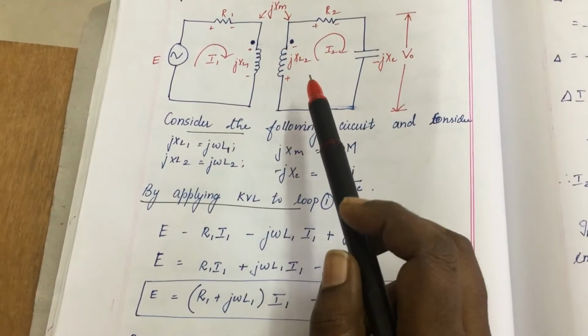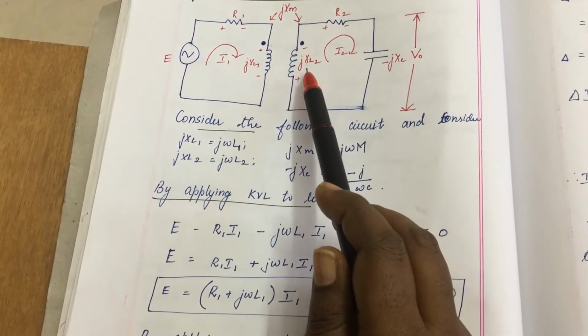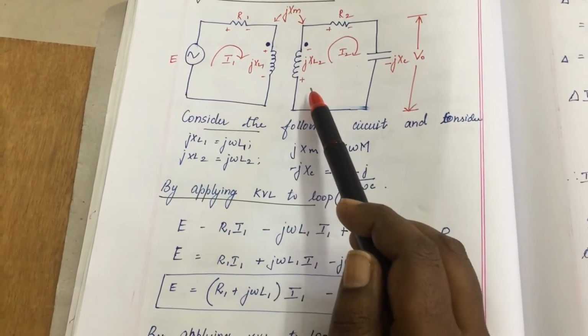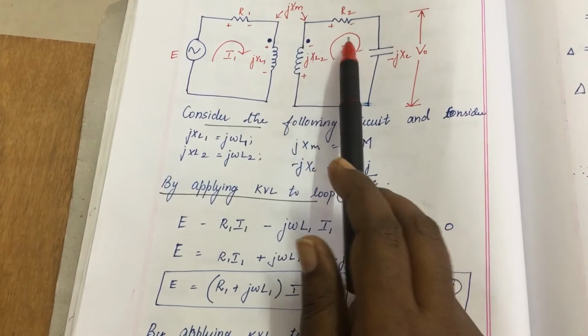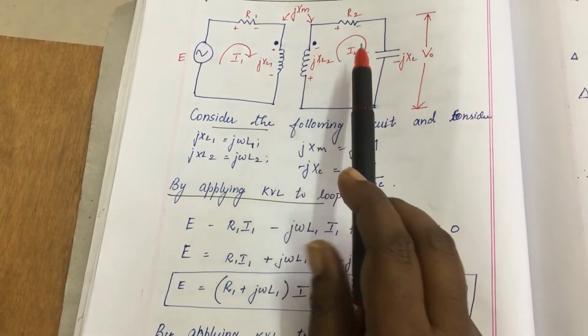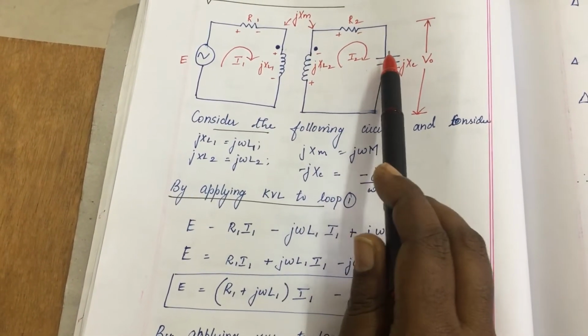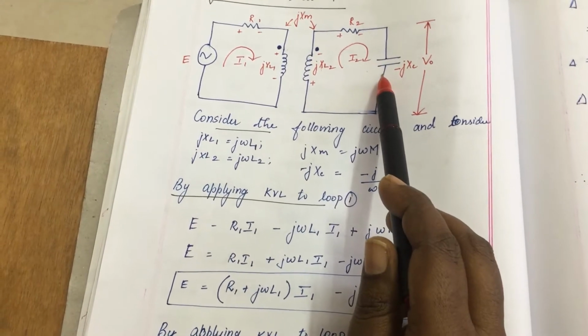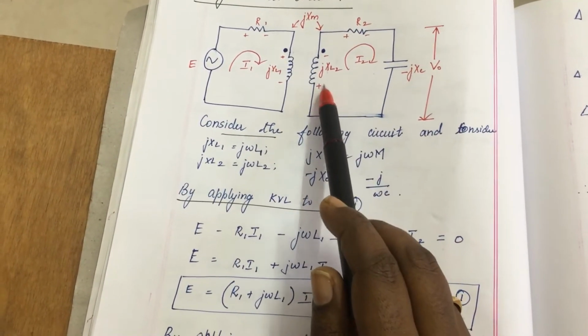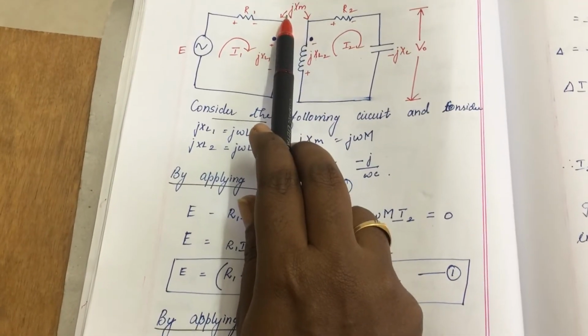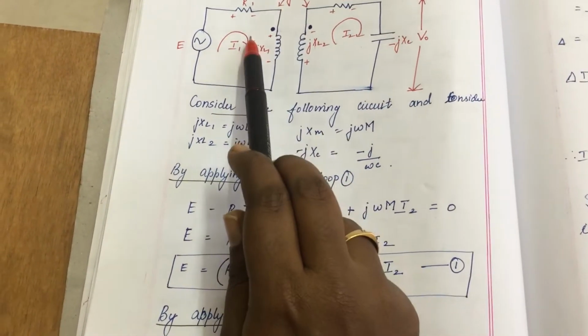Now applying KVL to loop 2, going from plus to minus, we get minus jωL2 I2 minus R2 I2 minus of 1/jωC I2. And since this is minus, we write this as plus jωM I1.